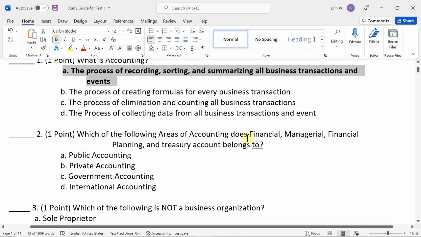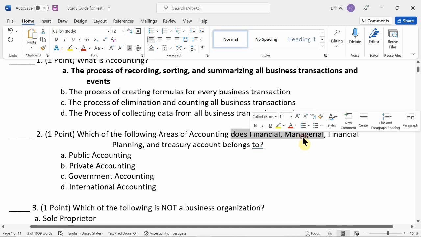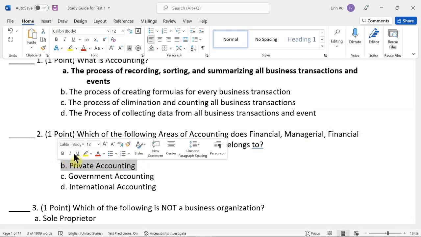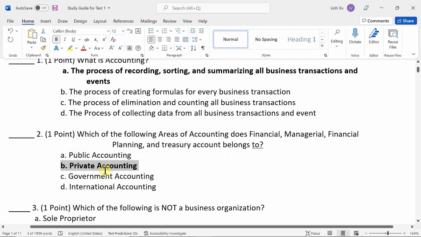Private, because if you remember what I just mentioned about a minute ago, we are in financial accounting, which is this class right here where we're looking at a business. We're looking at the very basic information about a business, which is for a smaller type of business. So in this case, this is definitely going to be in the private sector. Okay, private accounting. Good.